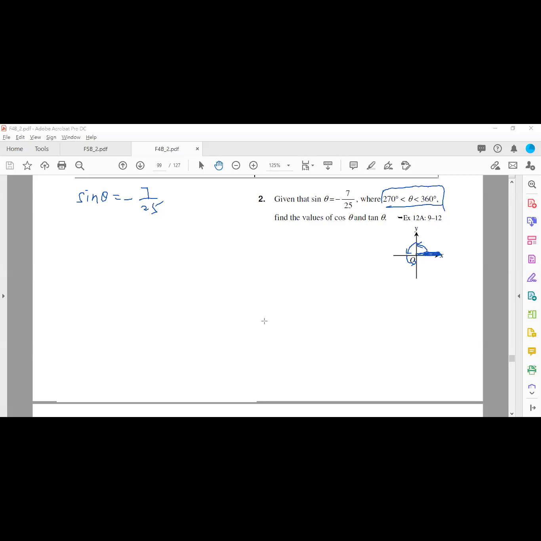So it should be slightly more than 270 degrees. Between 270 and 360 degrees, when we rotate the side, which quadrant does it stop in? It stops in the 4th quadrant, because quad 1, quad 2, quad 3, and quad 4. This is quad 2.